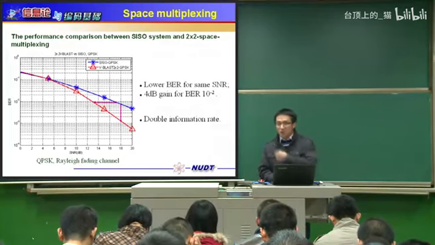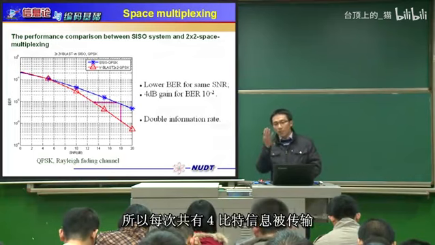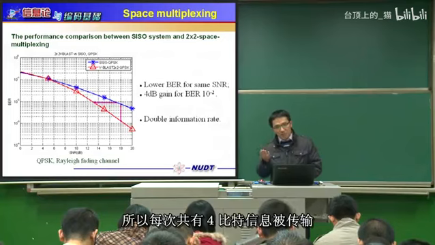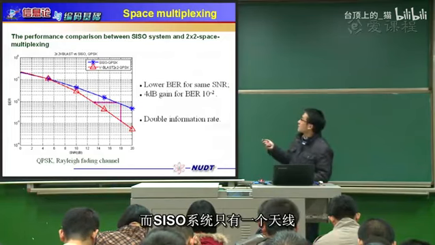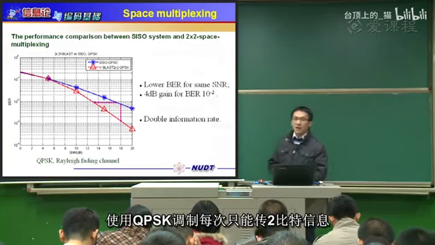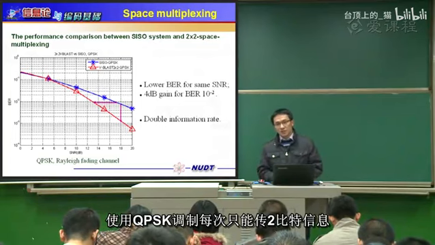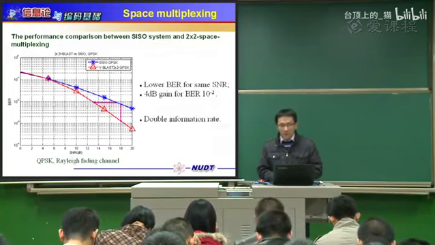But this MIMO has two antennas, so 4 bits of information can be transmitted at each single time, okay? And the SISO system has just one antenna and uses QPSK modulation, so just 2 bits are transmitted at each single time.